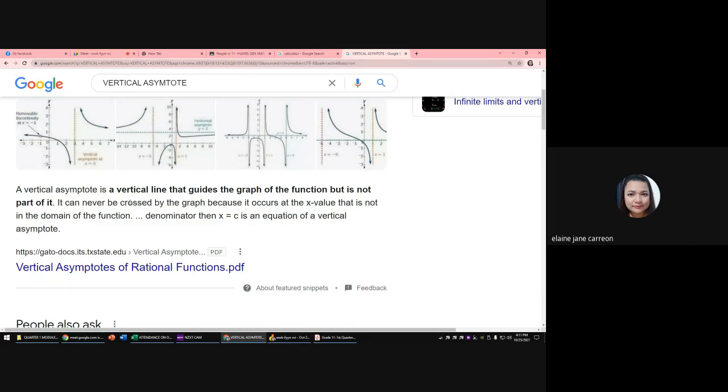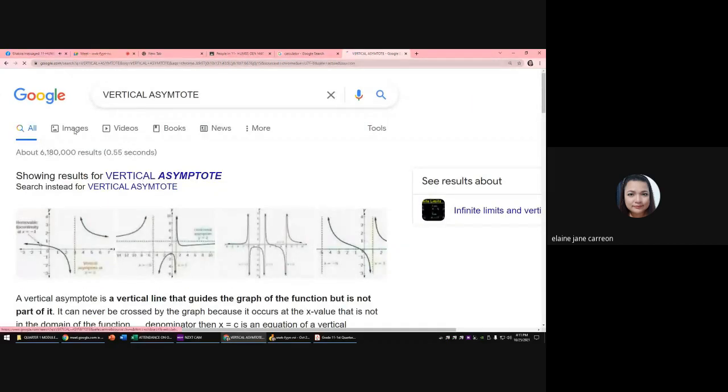It can never be crossed by the graph because it occurs at an x value that is not in the domain. Ibig sabihin, pagka nag-cross siya doon, that is very no-no dahil that particular value of x can make the function undefined. So that particular value is not a part of the domain.